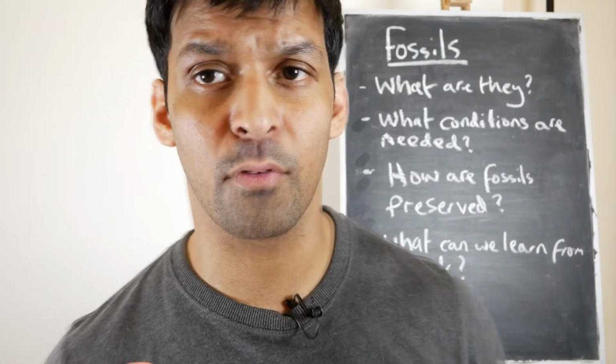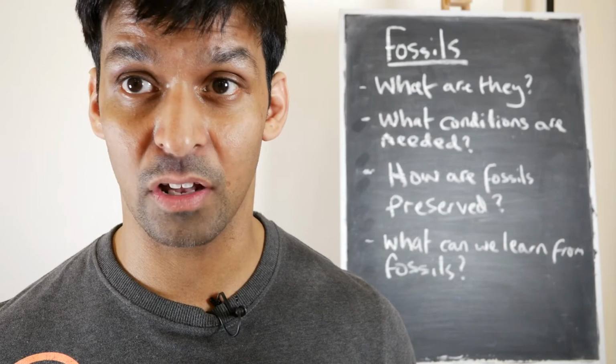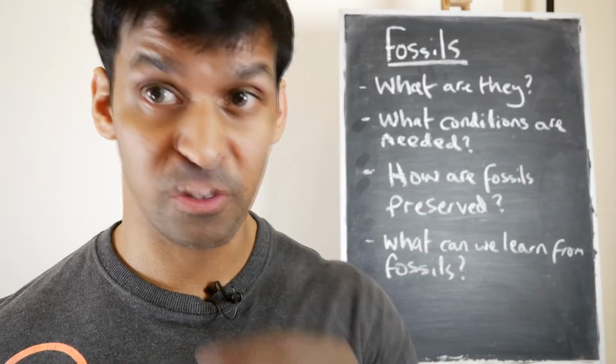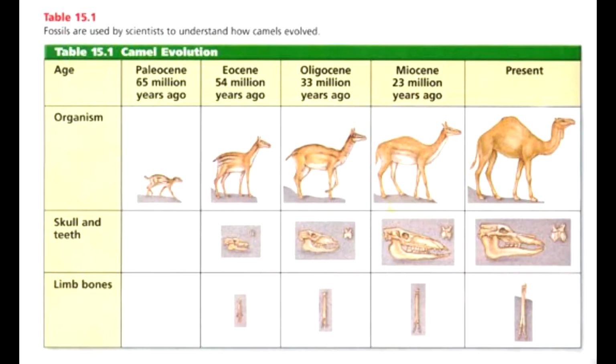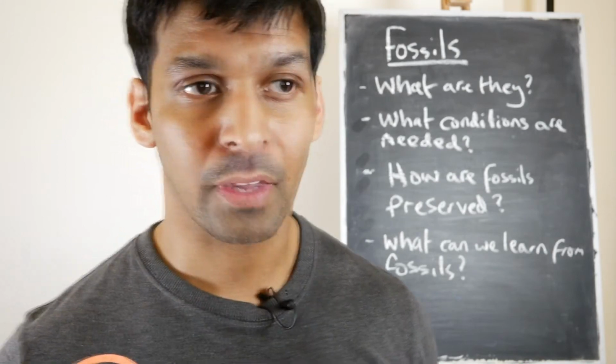What can we learn from fossils? A person that studies fossils is called a paleontologist, and there are many things that we can learn from fossils. First of all, it gives us evidence for evolution occurring. Fossils are found in rock, and the deeper a fossil is within a rock, the older that fossil is.